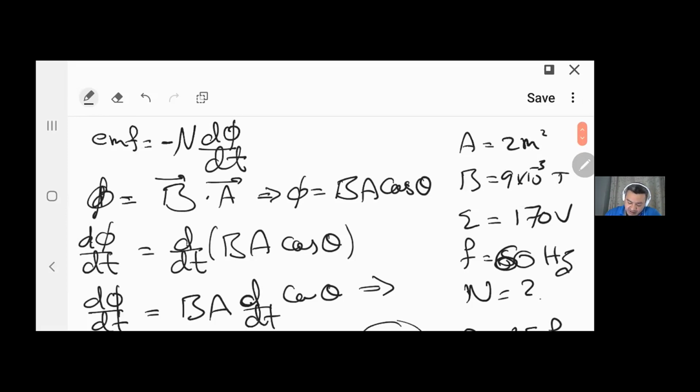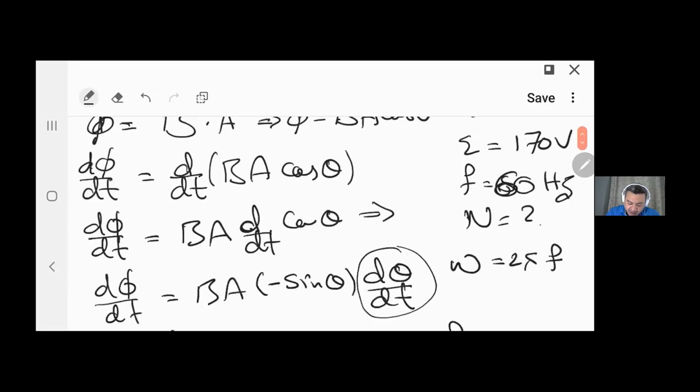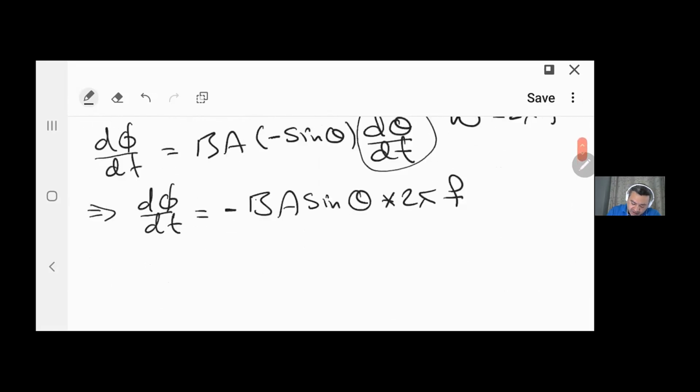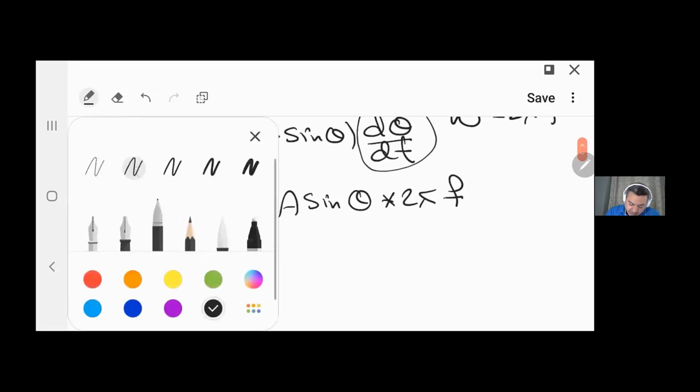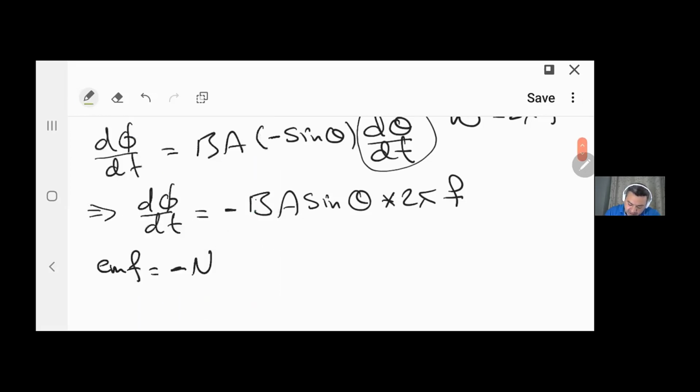Angular velocity. So if I go back now to this, I have EMF equals minus N d phi over dt. Then I can substitute here. So I have EMF equals minus N d phi over dt, which I will write in a different color, so N times minus B A sine theta times 2 pi f.